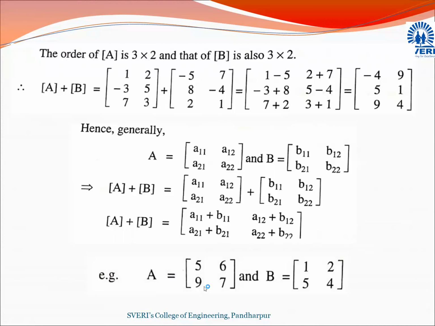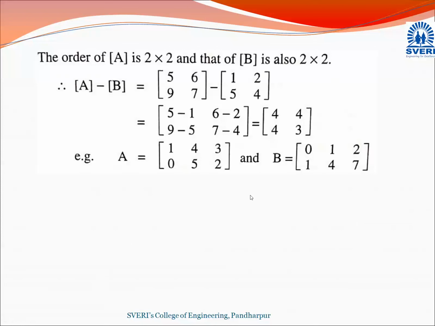In the same way, we can add matrix A with elements 5, 6, 9, 7 and matrix B with elements 1, 2, 5, 4. Here is the result: 4, 4, 4, 3.